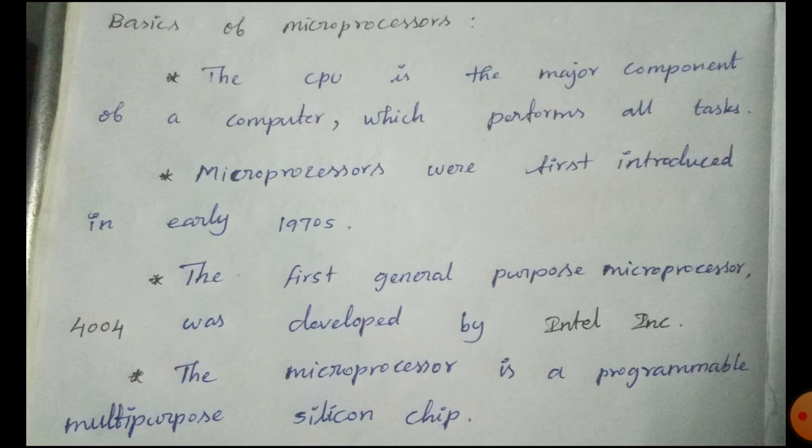What is a microprocessor? The microprocessor is a programmable multi-purpose silicon chip. It accepts inputs as binary data and provides output data to the users.